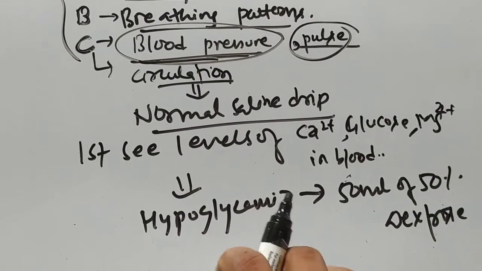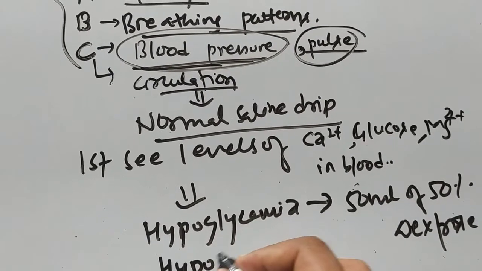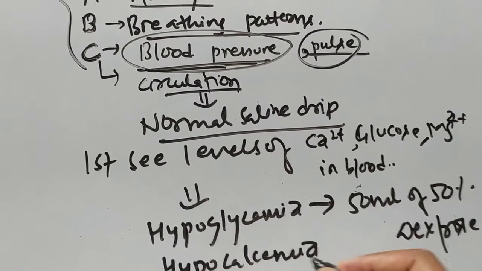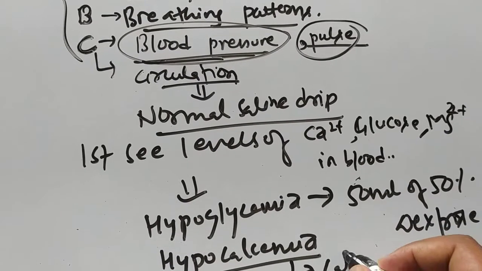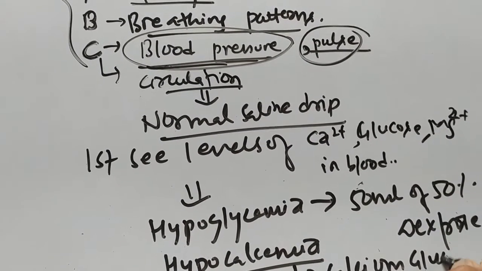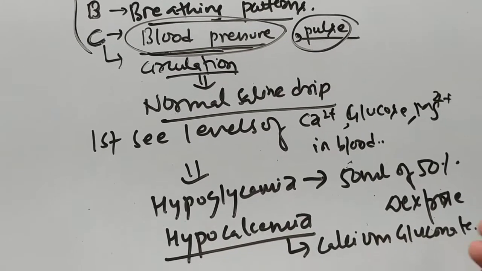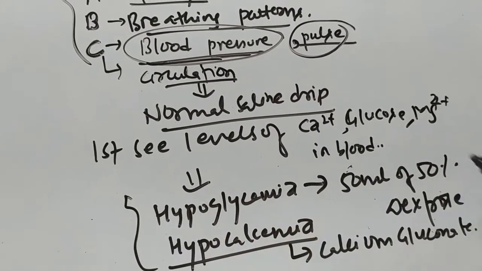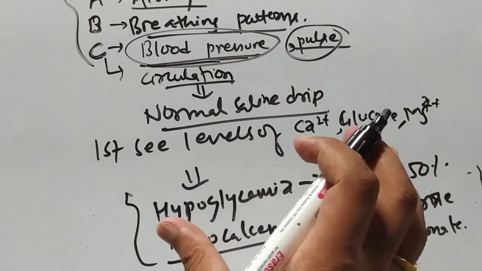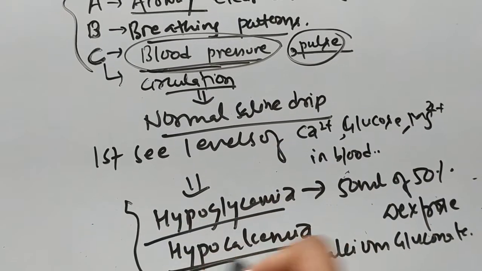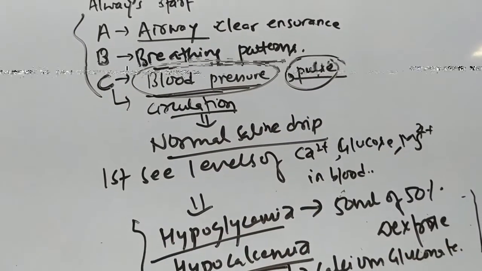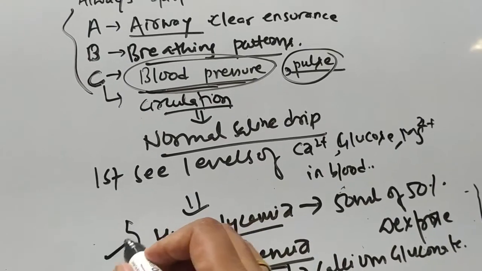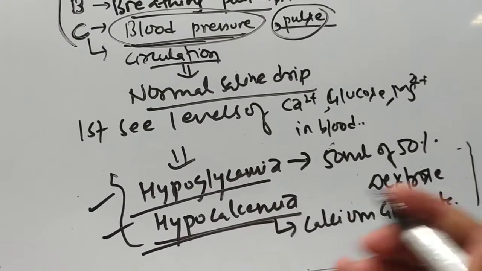If there is hypocalcemia, then correct it by giving calcium gluconate. This kind of correction is required immediately, as hypoglycemia and hypocalcemia will precipitate the seizure.